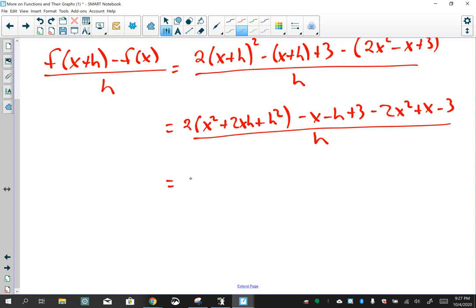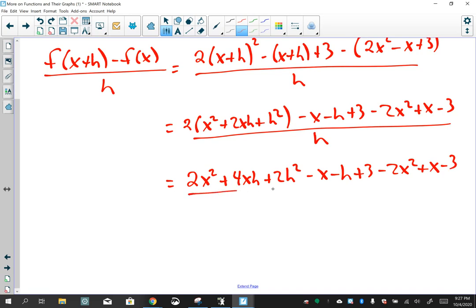So then I get 2x squared plus 4xh plus 2h squared minus x minus h plus 3 minus 2x squared plus x and minus 3 all over h.